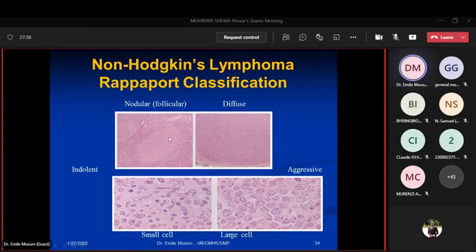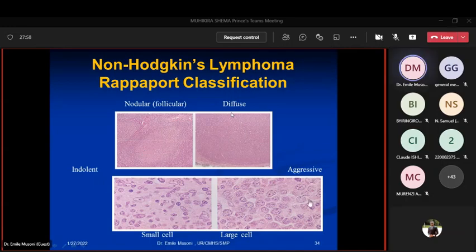So for the morphology, it can be nodular, this one follicular, it can be diffuse, with large cells and small cells. This is why you report large B-cell lymphoma, small cell lymphoma, diffuse or nodular.